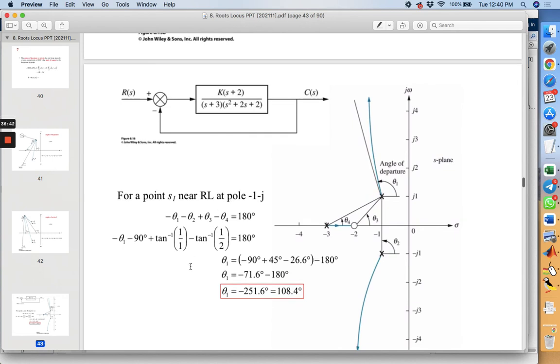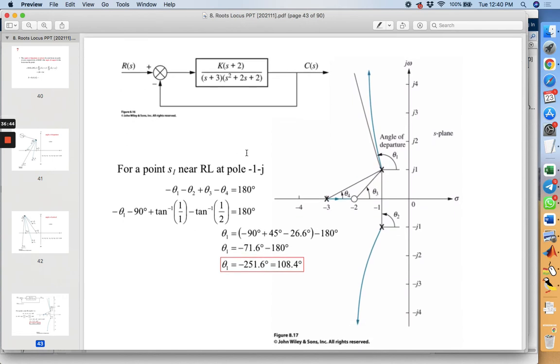Alright, let's see this example here. We have k(s plus 2) over (s plus 3)(s squared plus 2s plus 2). For a point S1 near the root locus at pole negative 1 minus j, we can find the angles.